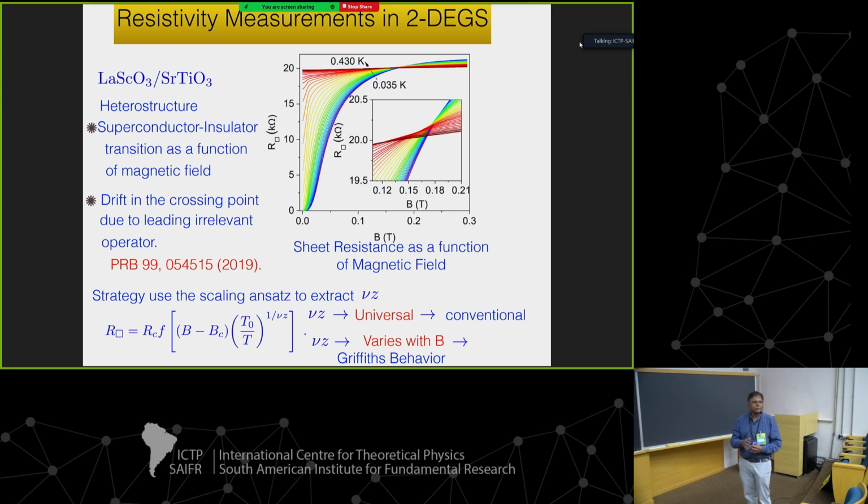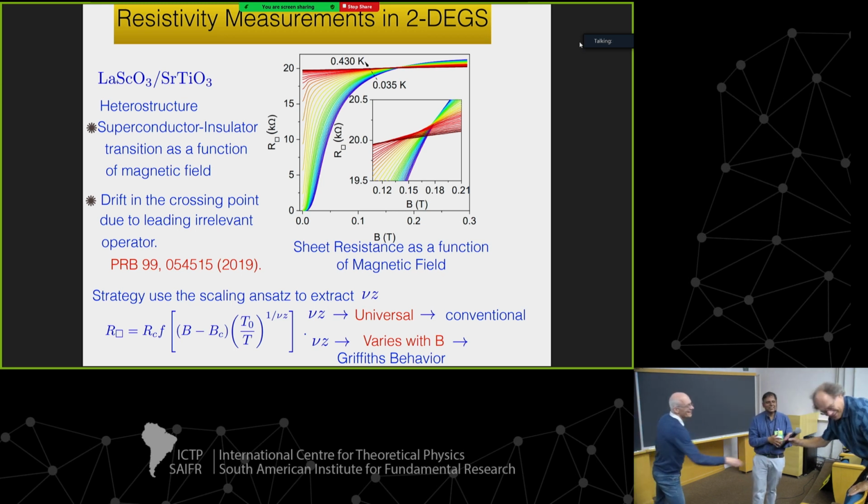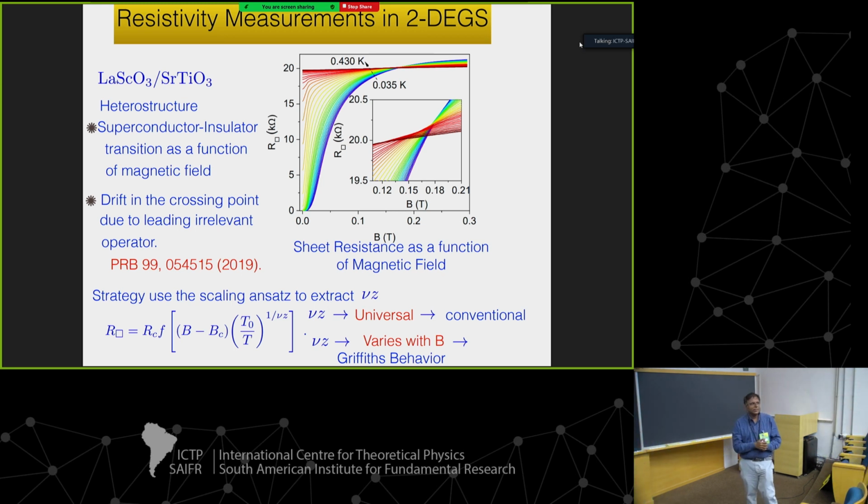Yeah. Let me try to clarify. If it was a smeared transition, right, then there would be a tail, and that tail would reach out up to some point, and how far out depends on microscopic details.